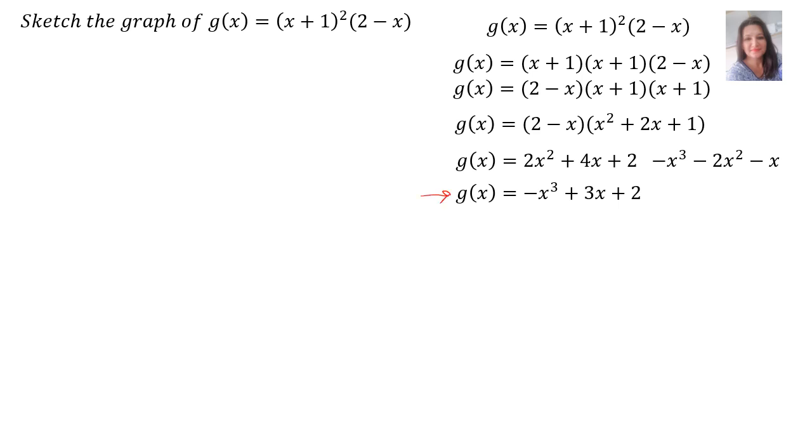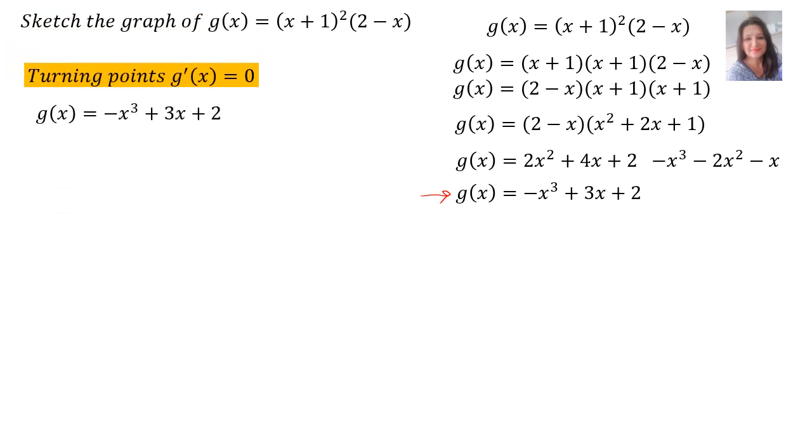For the turning point, we know by now the derivative equals 0. We'll take g of x, the one that's been multiplied out, because you remember with your rules of differentiation, you cannot differentiate if there are brackets. So let's find the first derivative, and we end with minus 3x squared plus 3, and we have to equate that to 0.